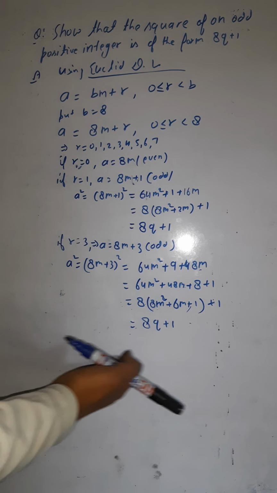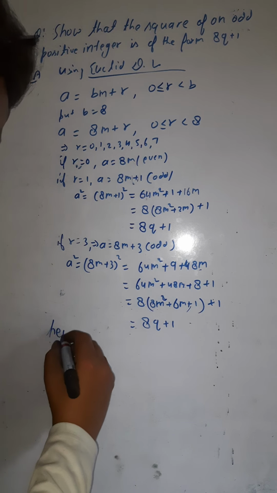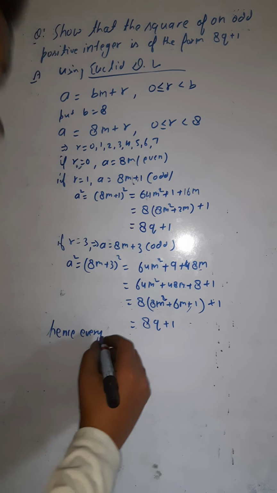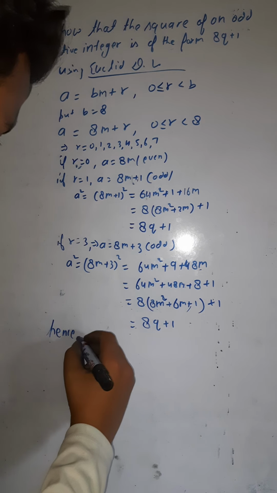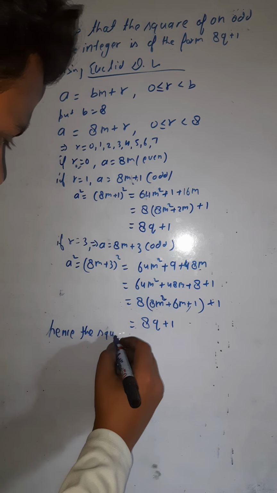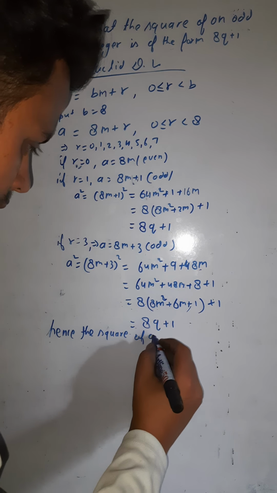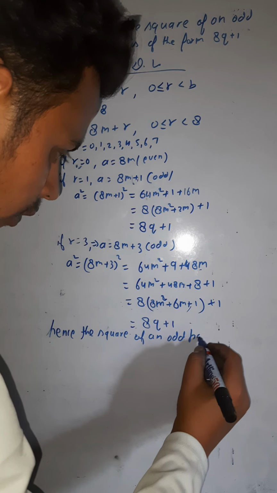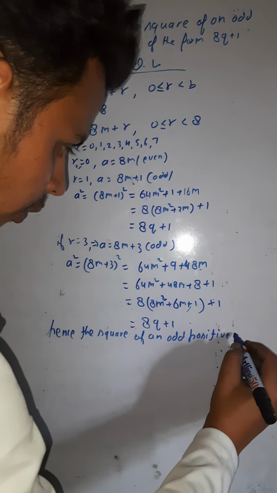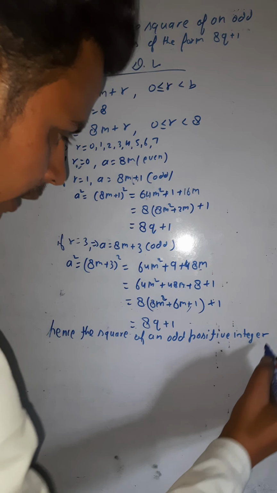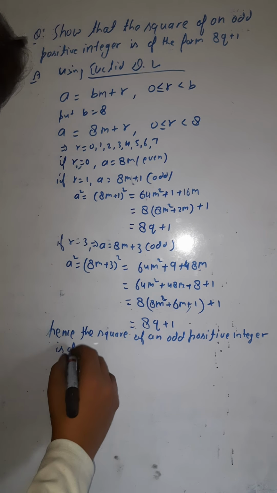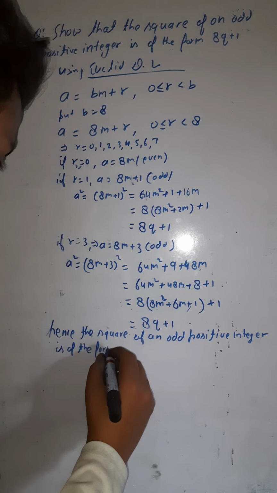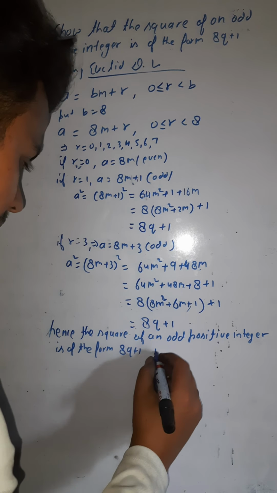So hence you can write here: hence the square of an odd positive integer is of the form 8q plus 1, hence proved.